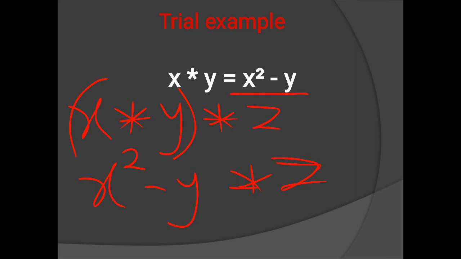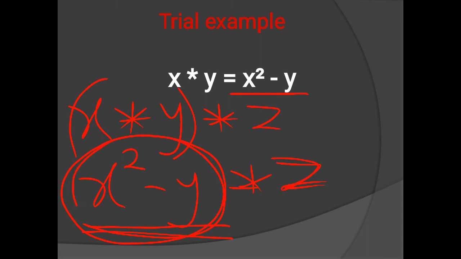Now you see we can't simplify this further. Meaning this whole expression is now our first one, and then the z is our second one. So x squared minus y operation z.